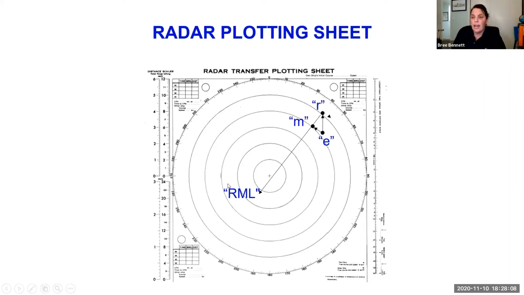So when we see a blip on the screen, a target of some sort, just a blip, we want to get the range and bearing. So we're going to use that EBL and VRM. So electronic bearing line, and that EBL is going to be in the middle of the blob. So however big the blob is, we're going to go to the middle of the blob to get the bearing.